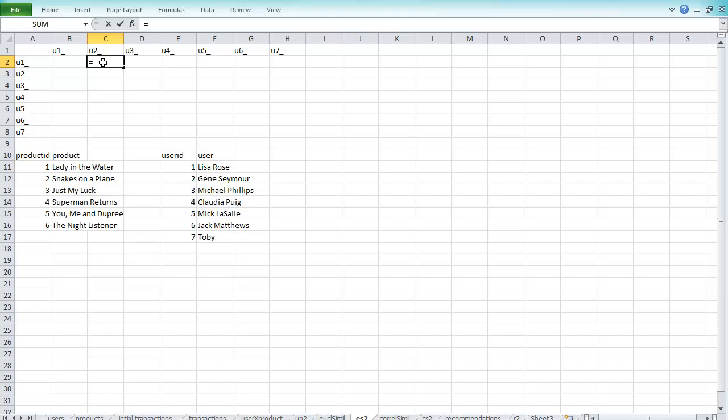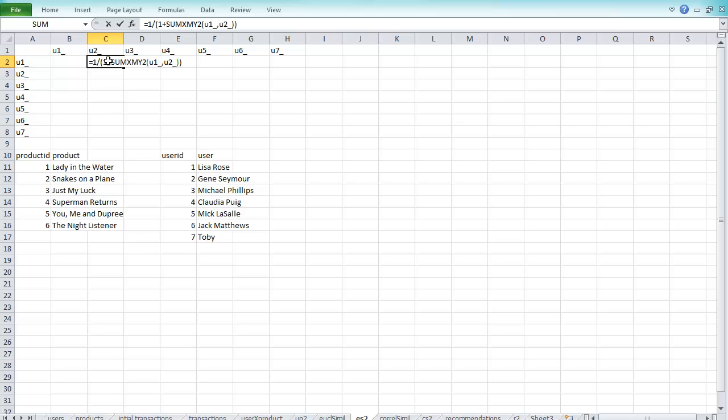Equals, remember, 1 divided by, parenthesis, 1 plus, and now the formula for doing Pythagorean theorem is sumxmy2. So this does Pythagorean theorem, and I'm going to feed into it again u1 underscore and u2 underscore, and once I go to this formula, it's going to be just fine.